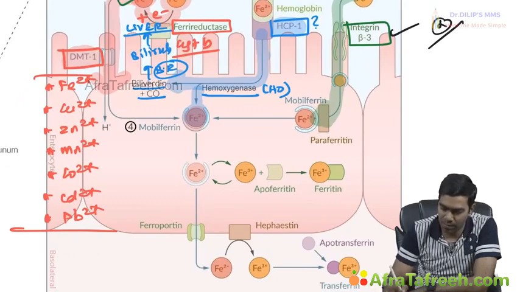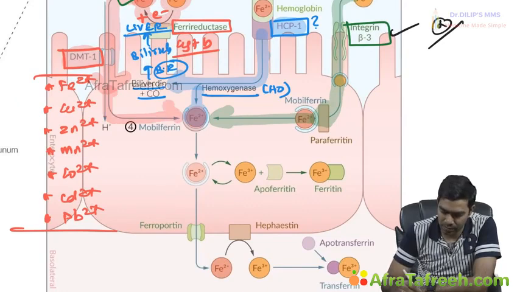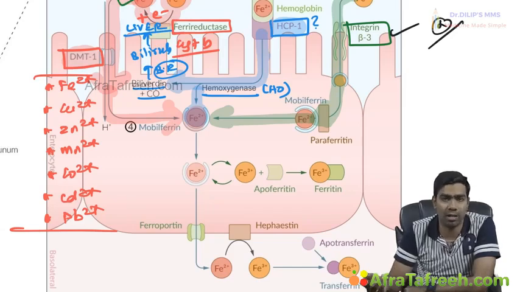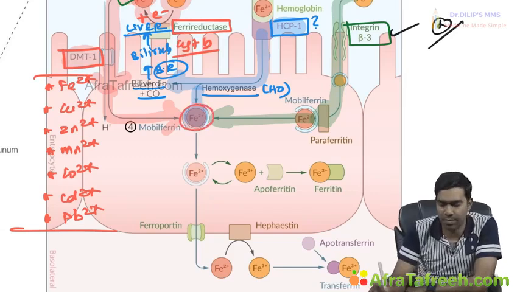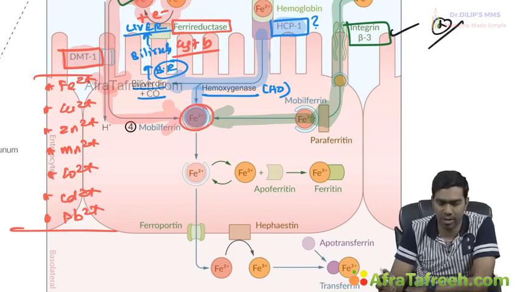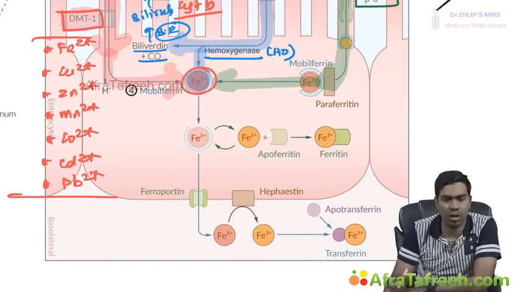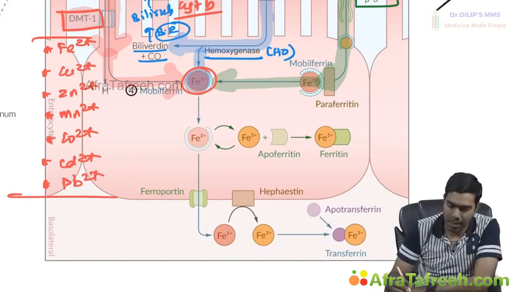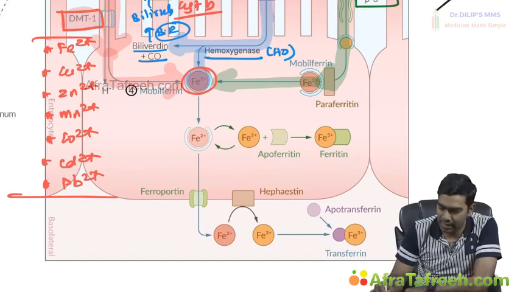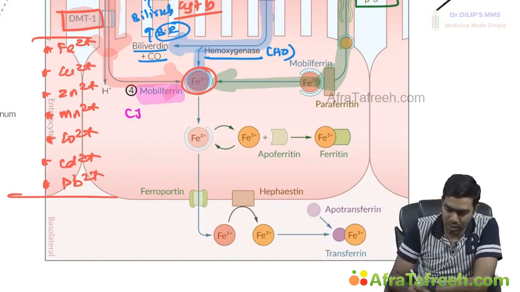But somehow you can see all this iron is reaching your enterocyte, the intracellular portion, which means somehow your iron has reached here. So what is the fate of this iron? The fate of this iron depends on a lot of factors. For example, inside the cell, your iron is transported, which means this is for intracellular transport.